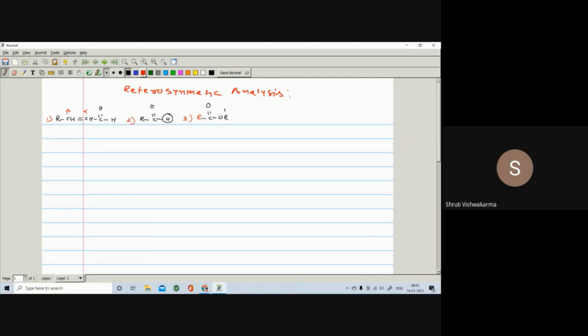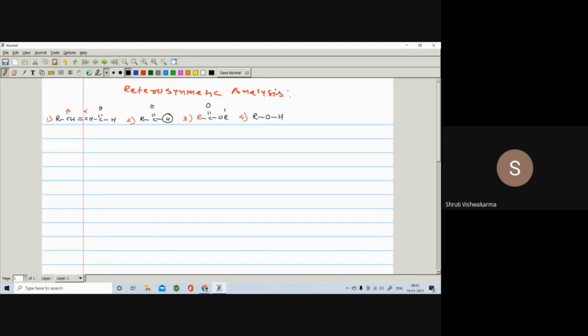Now let us see the fourth example. So here is your alcohol. You know alcohols are hydroxy compounds. One or more hydrogens from an alkane replaced by the OH group is called an alcohol. It may be a primary, secondary or tertiary alcohol.